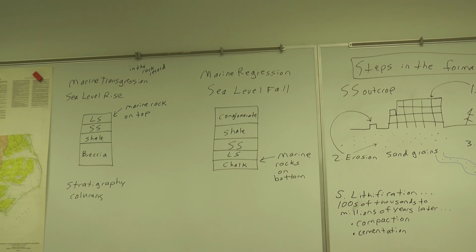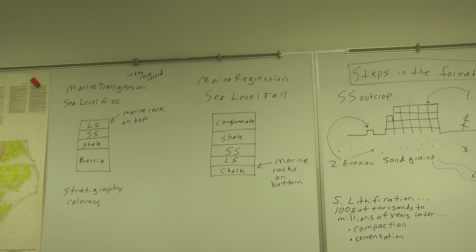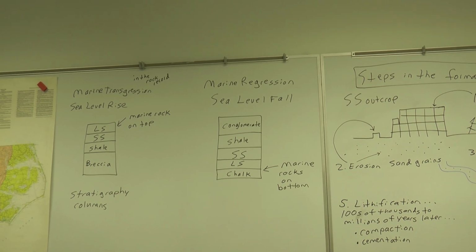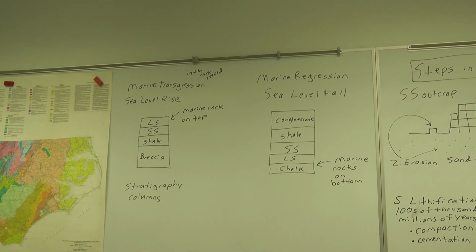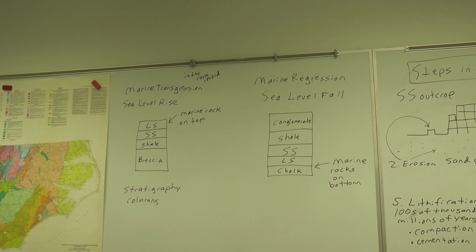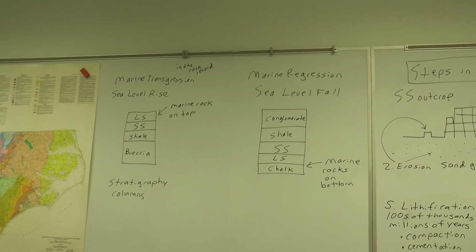It is poorly sorted and it has large grains that are rounded, and it tends to form in braided streams that are in the mountainous areas. So this last topic is basically recognizing marine transgression versus marine regression in the rock record. That'll do it for our video lessons on sedimentary rocks.